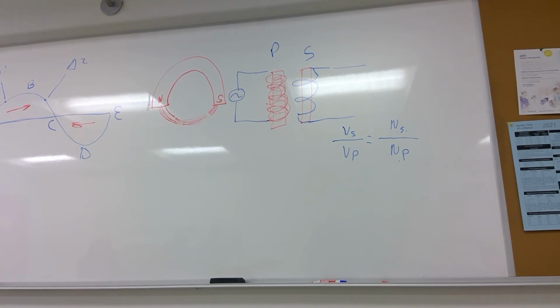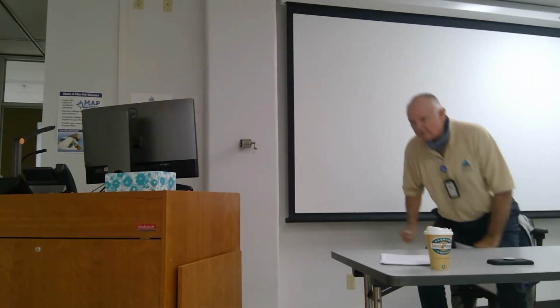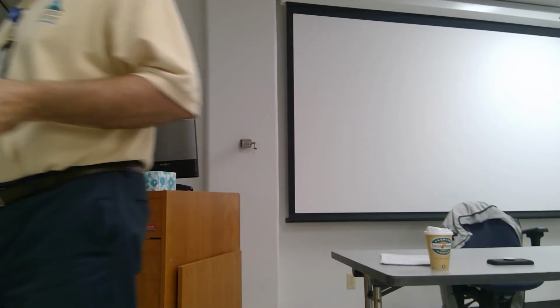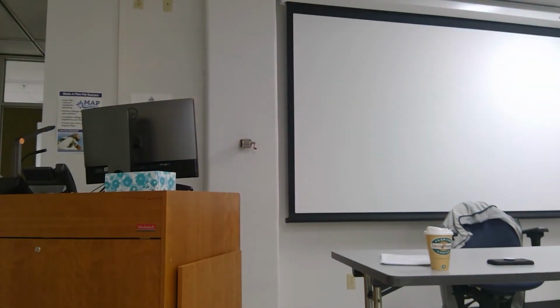So this is a problem to determine what's missing in the scenario. So let me give you a problem. Use that equation. All right, so you tell me where to put these numbers. The primary coil has 100 volts.